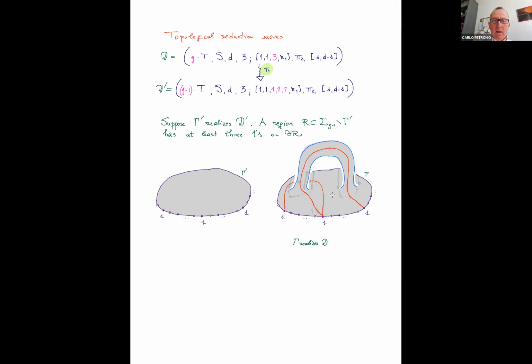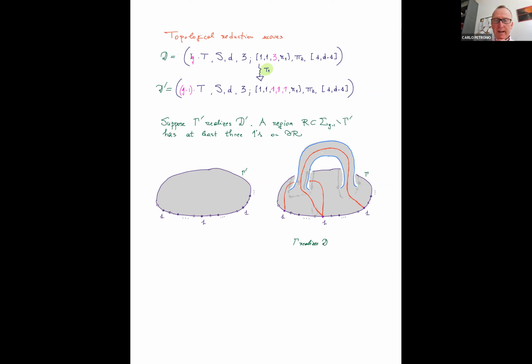But if you collapse the red edges, it becomes a disk again, okay, with self-adjacency, of course. And you see the 3 1s get merged into a single vertex of valence 3. So you see the 1, 1, 1 is replaced by 3, and you see that this new gamma realizes D.